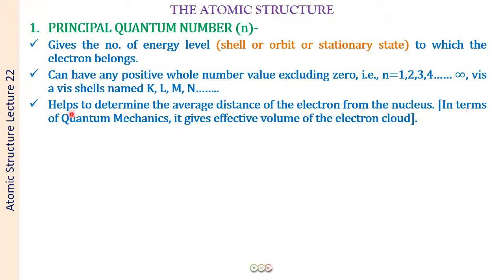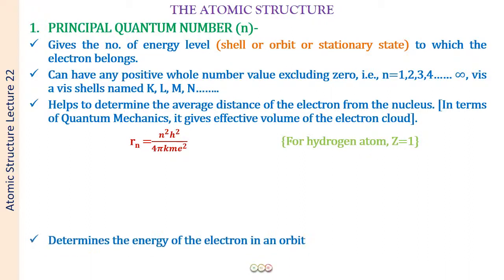This in terms of quantum mechanics means that it gives the effective volume of the electron cloud. And you know that r, the average distance of the electron from the nucleus, is equal to n square h square over 4 pi square k m e square, where Z is 1 for the hydrogen atom, right?